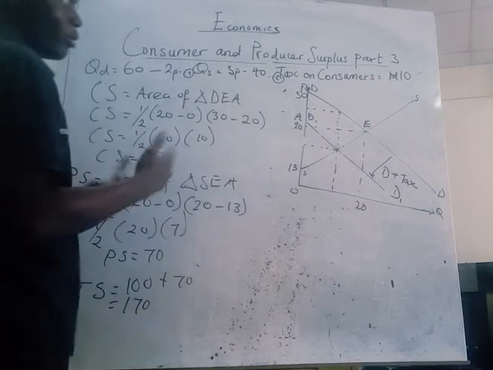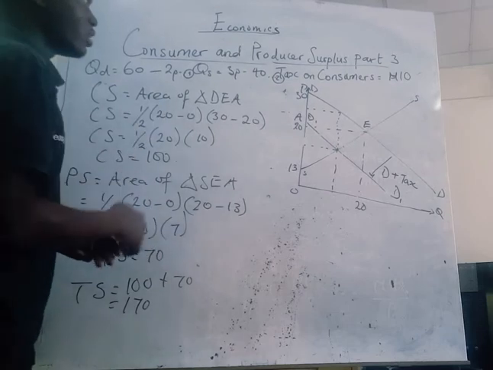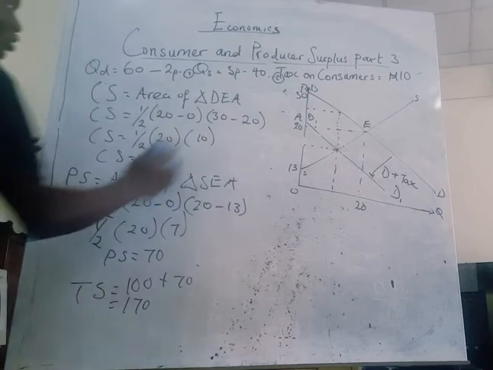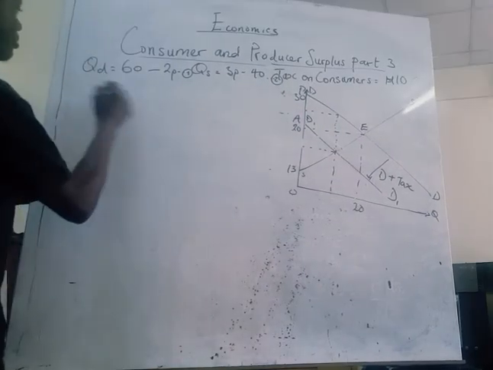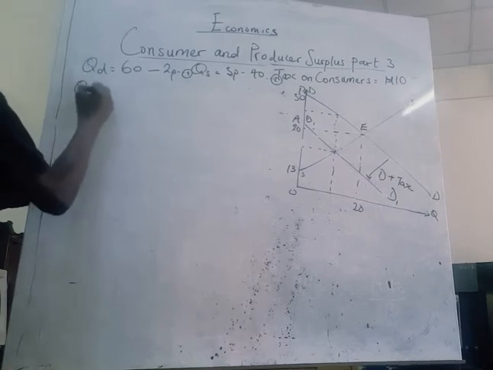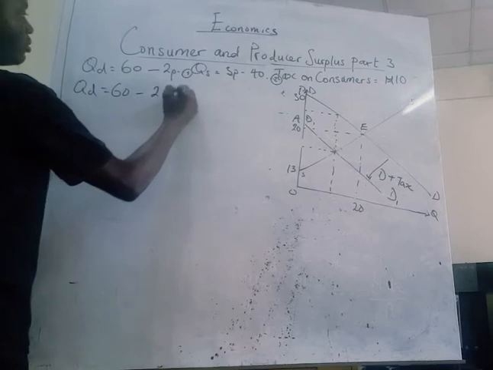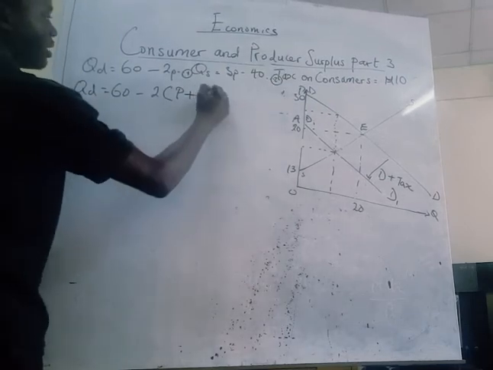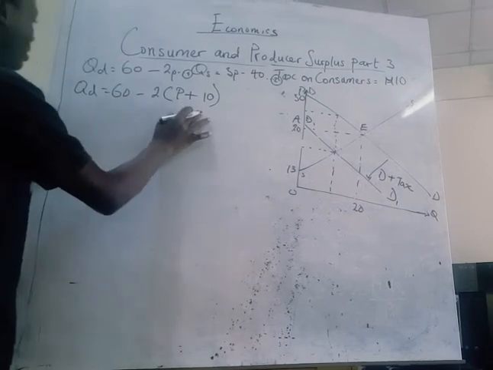So what happens? Because tax is imposed on consumers, we are going to make that reflect in the initial demand function. So we have QD equals 60 minus 2 into bracket P plus the tax, 10, because we have a higher price now that consumers are to be paying.